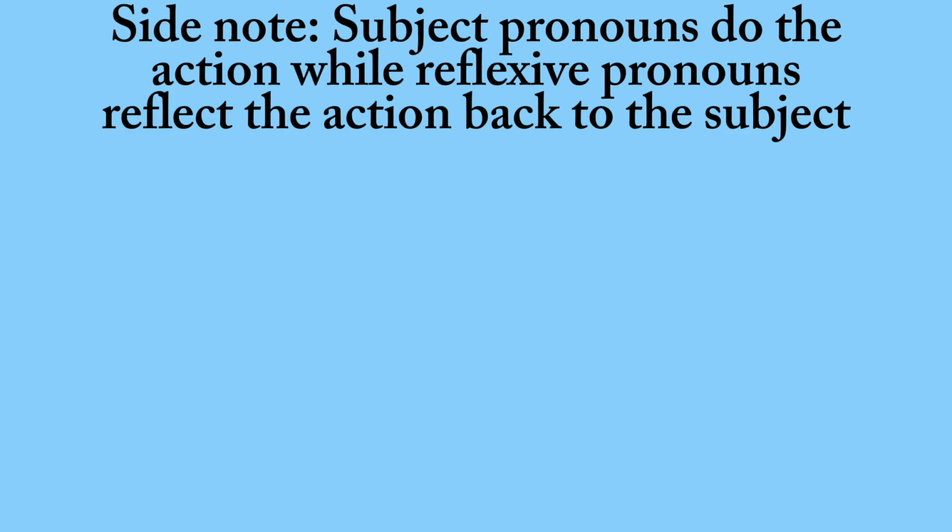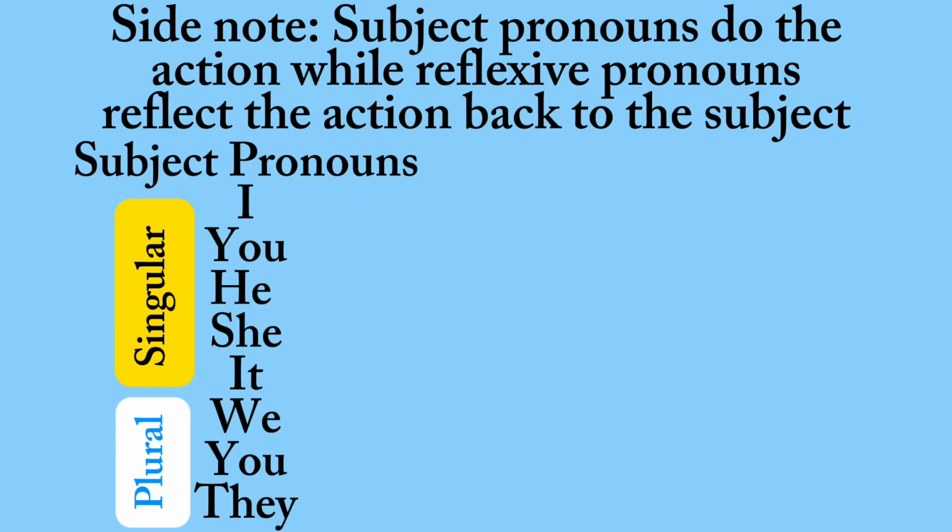Side note, subject pronouns do the action while reflexive pronouns reflect the action back to the subject. In other words, reflexive pronouns are receiving the action. So for our subject pronouns, we have I, you, he, she, it, we, you, and they.